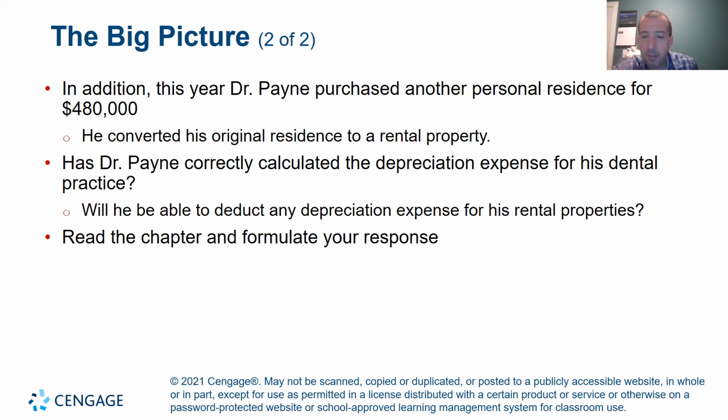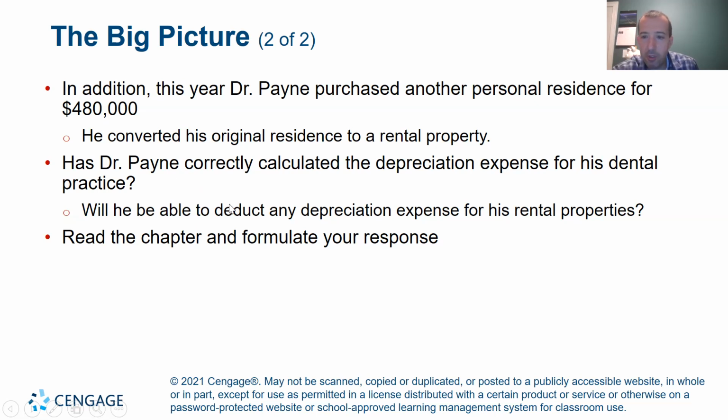The rule is that the basis of the property is the lesser of the fair market value or the original cost basis of the primary residence. So the primary residence had a cost basis of $480,000.